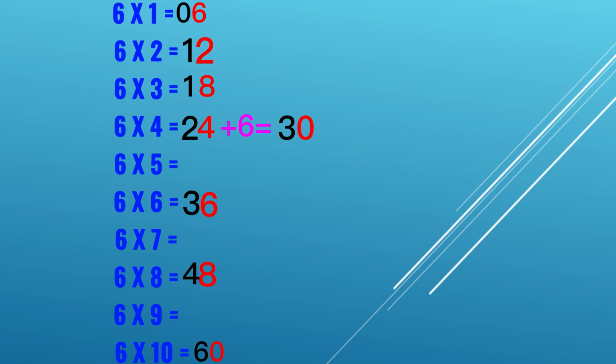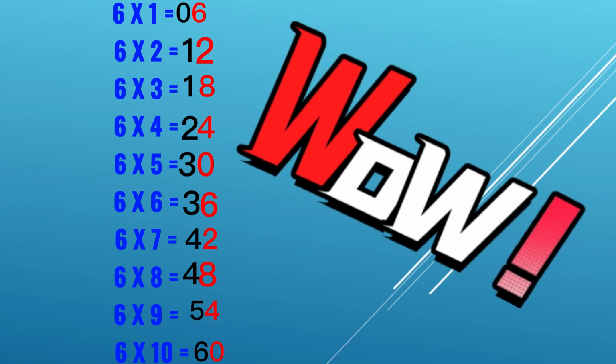So 24 plus 6 gives us 30. Since we know 6 times 6, let's find 6 times 7. Now 36 plus 6 gives us 42. That is the answer for 6 times 7. And now let's look at 6 times 9. We know 6 times 8 is 48, and 48 plus 6 gives us 54. There it is. This is your 6 timetable.